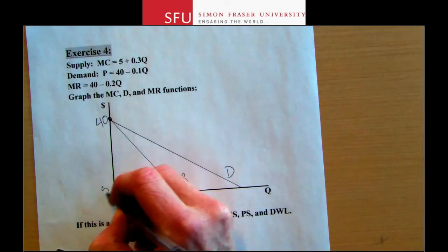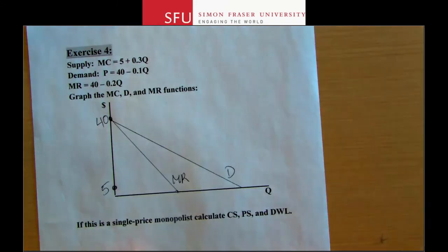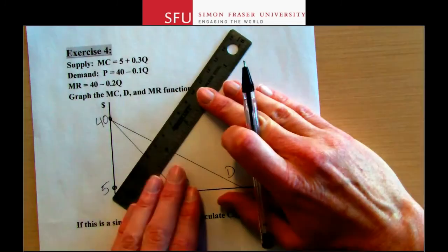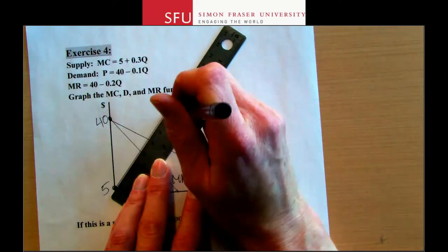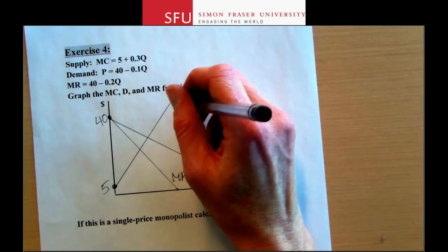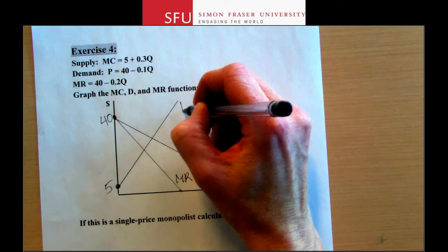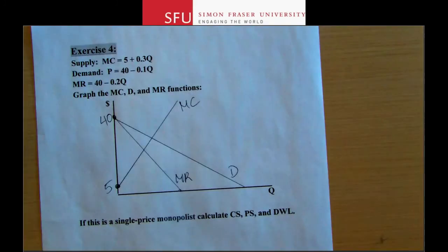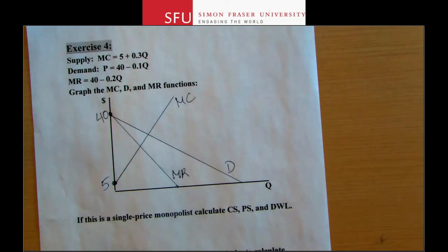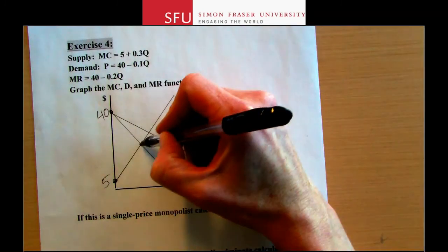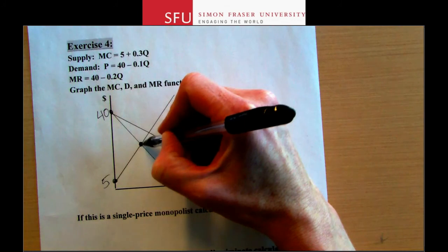Okay, supply curve starts at 5, and it's pretty steep compared to those ones. We'll draw it going up quite quickly. Okay, so if it's a single price monopolist, they're going to choose this equilibrium here to maximize their profit.